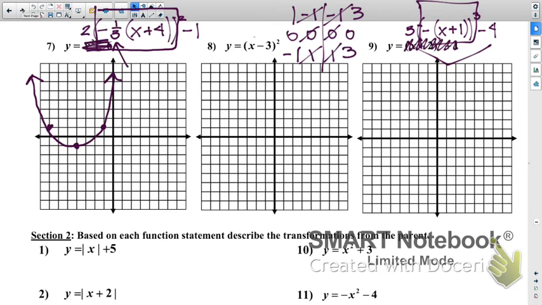The reciprocal of negative 1 is also negative 1, so it doesn't change what you do. You guys are thinking opposite signs. You want to think opposite operation. It looks like you're multiplying by negative 1, so think the opposite of that is dividing by negative 1.